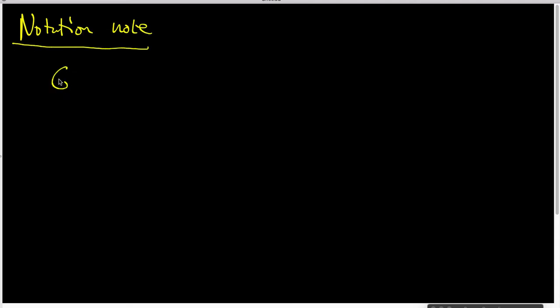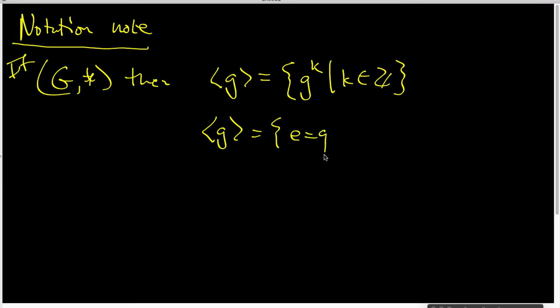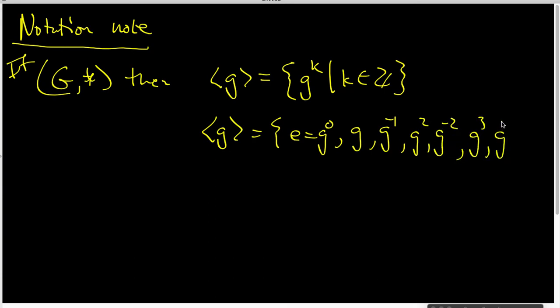If g is a multiplicative group, then the cyclic subgroup generated by g is going to be made up of powers of g, and what we can think about is that this will look like e, which will be g to the 0, g to the negative 1, g squared, g to the negative 2, g cubed, g to the negative 3, and so on.